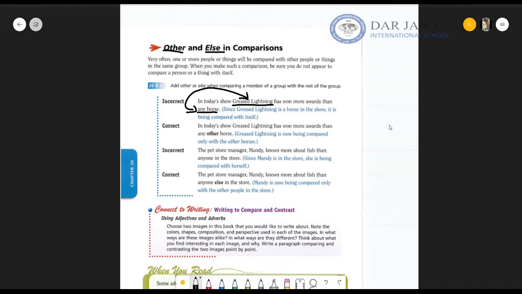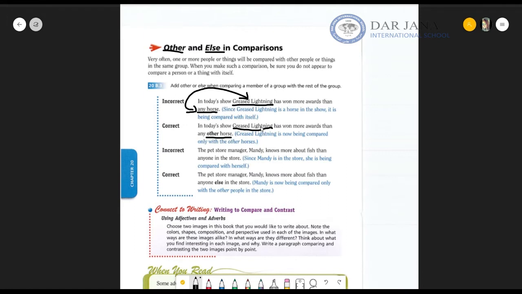The horse is being compared to itself since it's a horse as well. In order to correct this, I can easily insert "other horse." Then I made two completely different groups, where Greased Lightning sits in group 1 and the other horses sit in group 2.